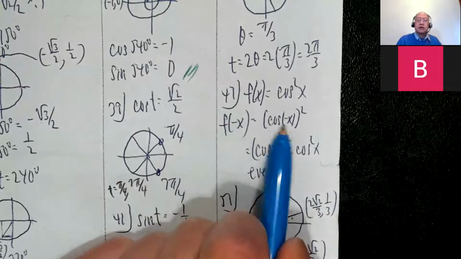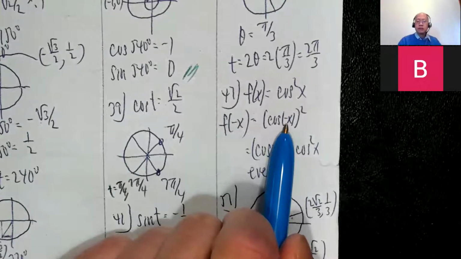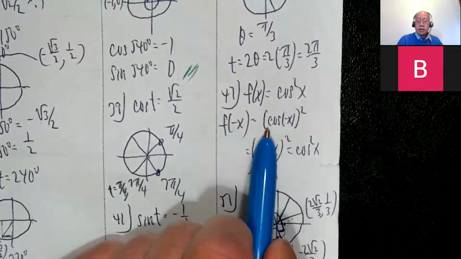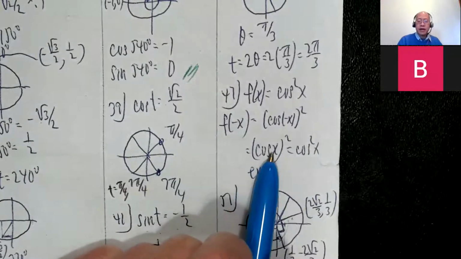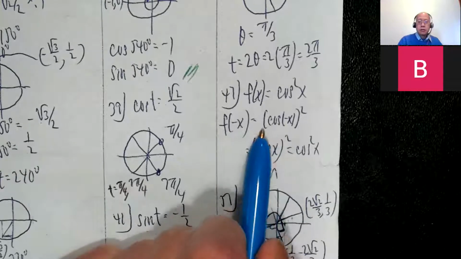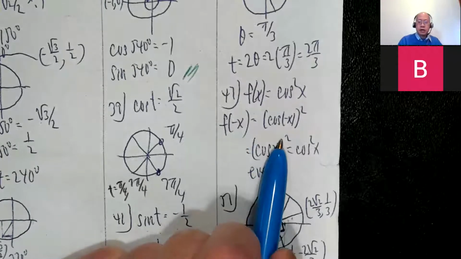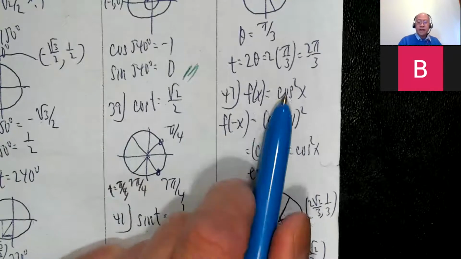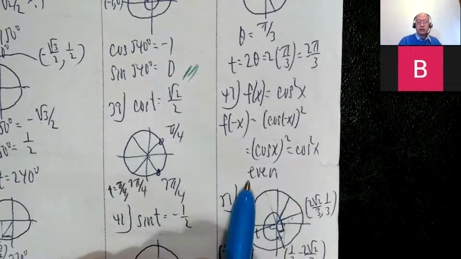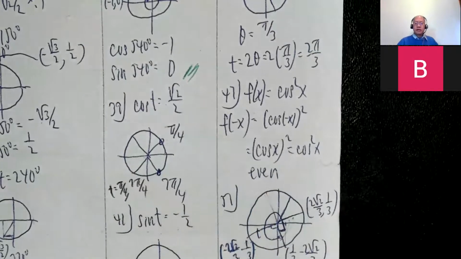F of negative x is cosine of negative x squared. But since cosine of negative x is the same as cosine of x, since cosine is an even function, I can write it as cosine of x, and then I square it, and I get back cosine squared x. So f of negative x is the same as f of x. So I do have an even function. So 47 is even.